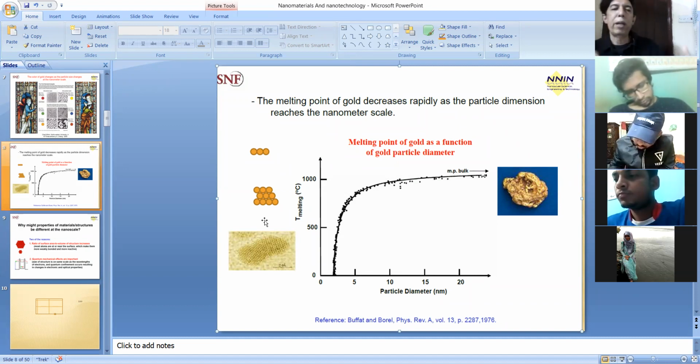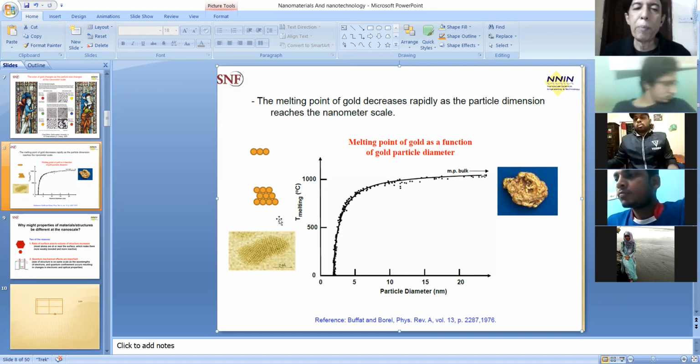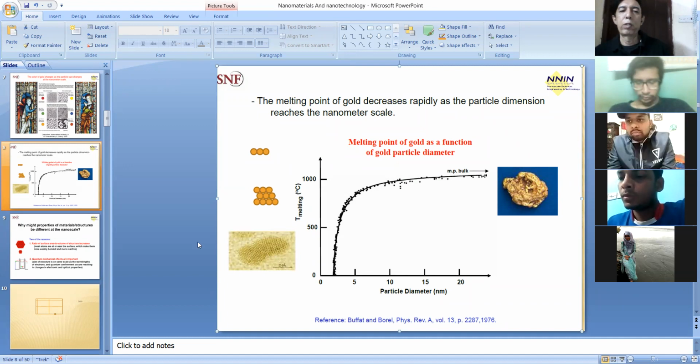But in a bulk material, say for example, if it has a number of gold atoms, you have to break many bonds to bring them apart.